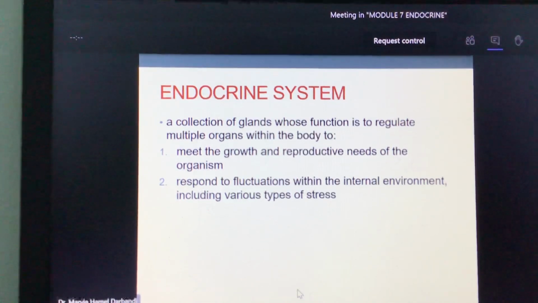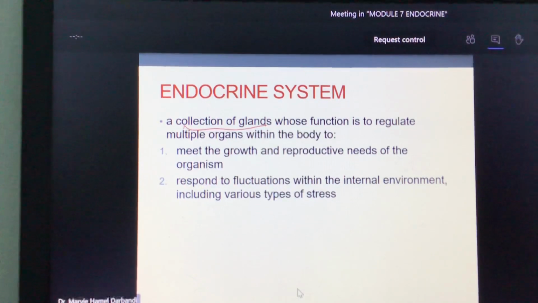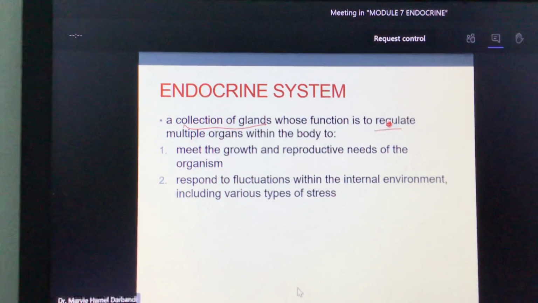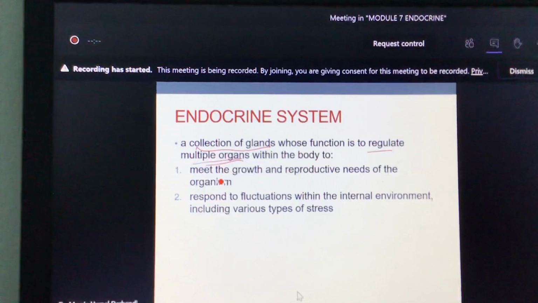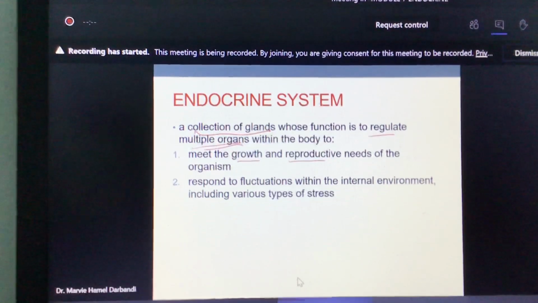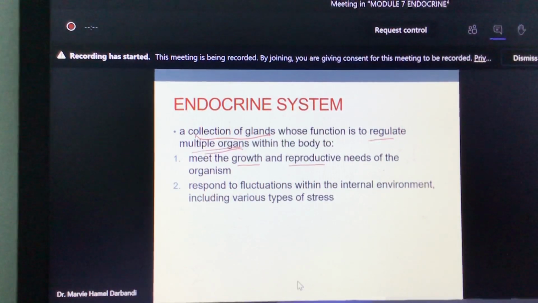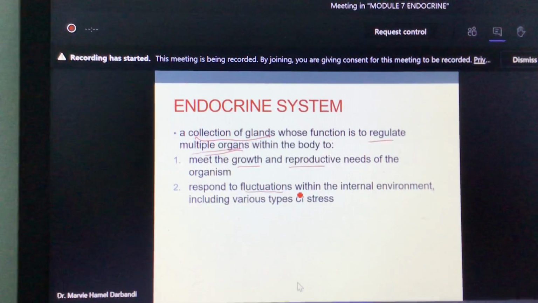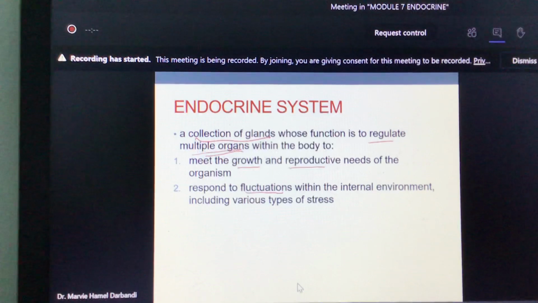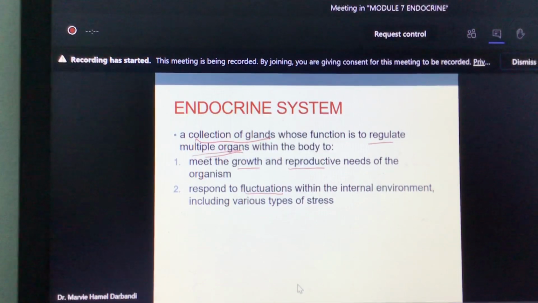The endocrine system, again, is a collection of glands whose function is to regulate multiple organs within the body, to meet the growth and reproductive needs of the organism and respond to fluctuations within the internal environment, including various types of stress.